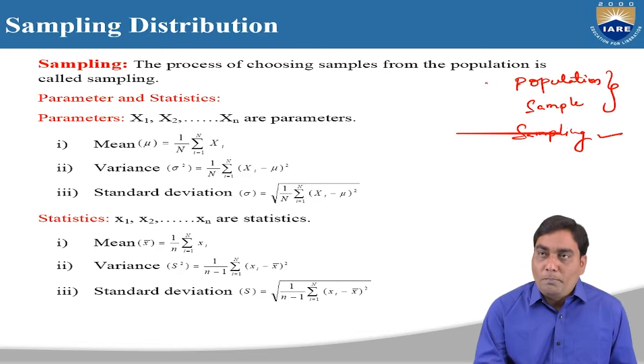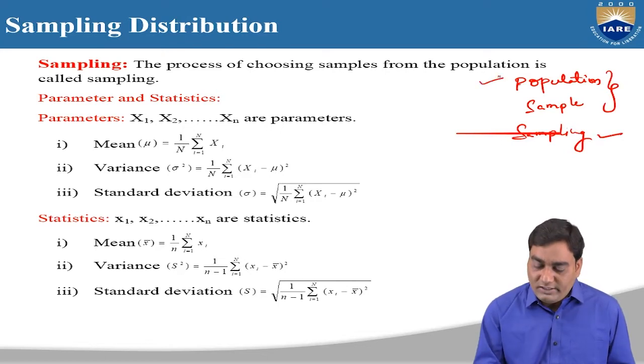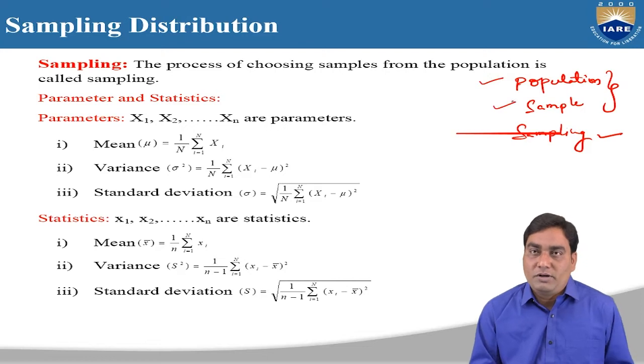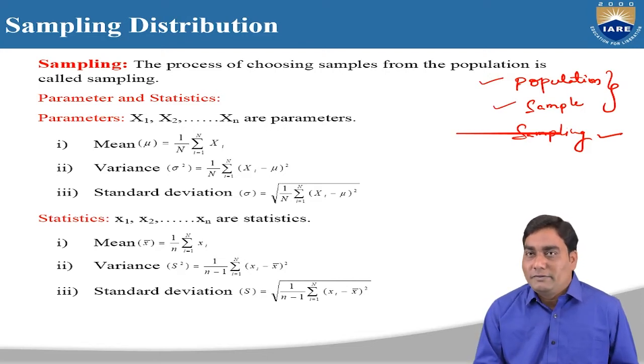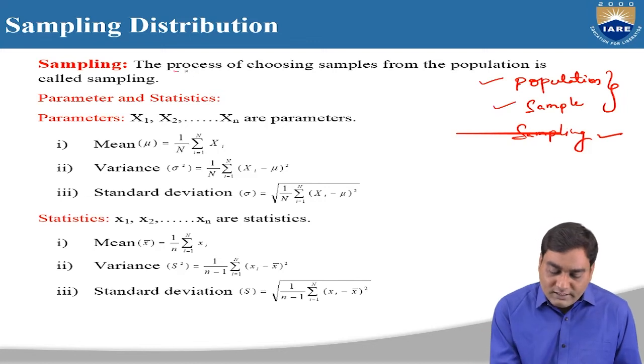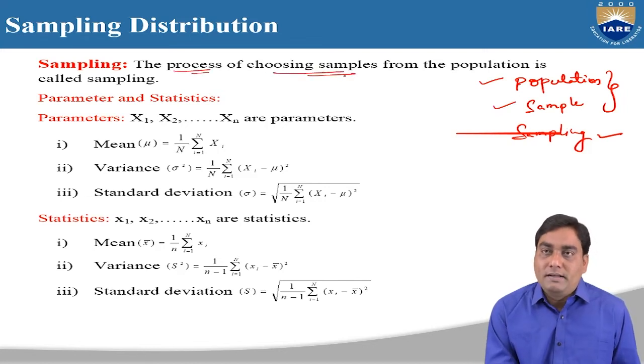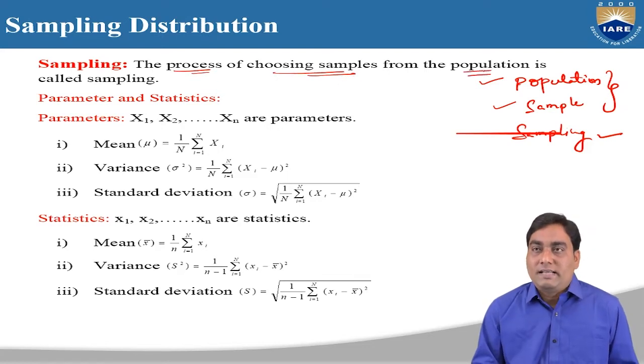As of now, we know population means the group of objects, and sample means a subset of population. What is the meaning of sampling? The process of choosing samples from a population is called sampling.